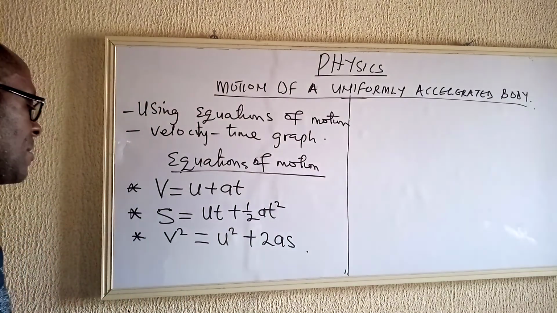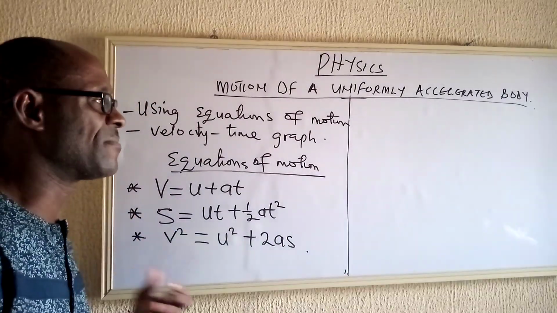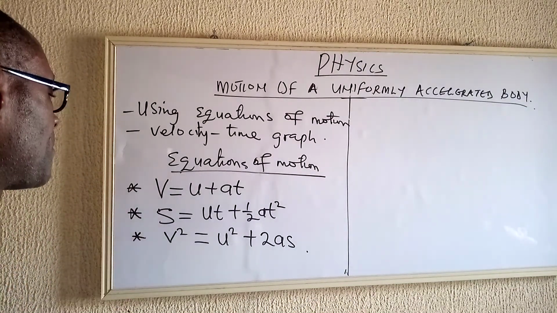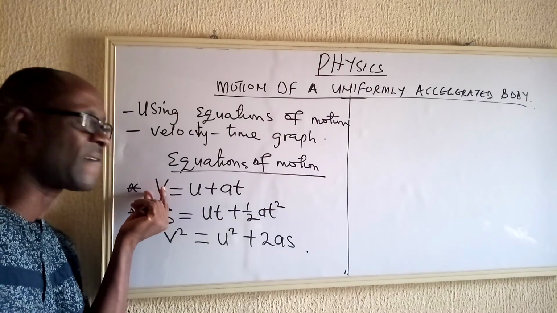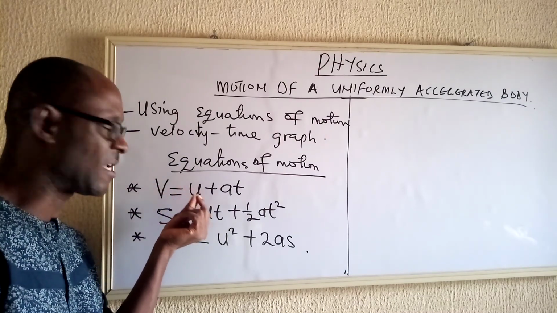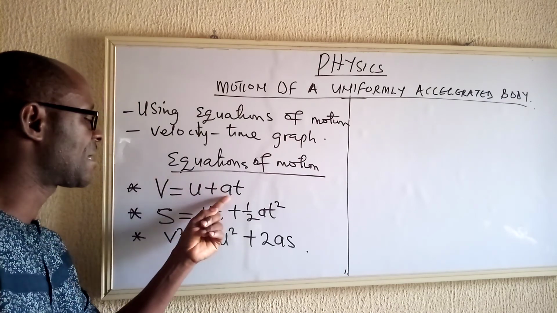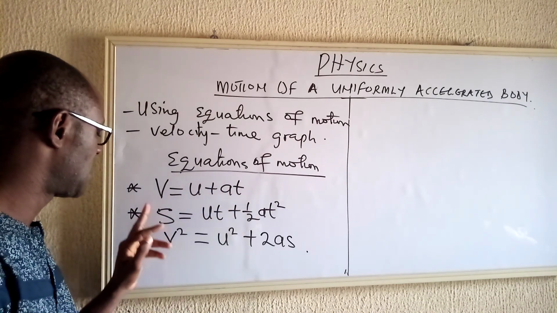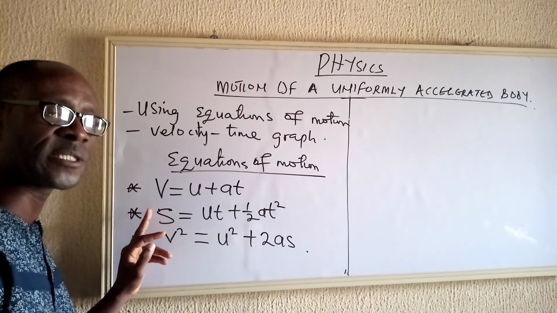These are the major three we shall be making use of under this topic. V is the final velocity, U initial velocity, A acceleration, T time, S is distance.